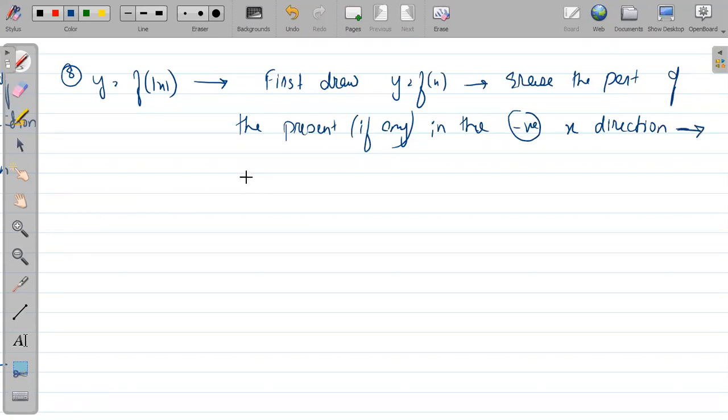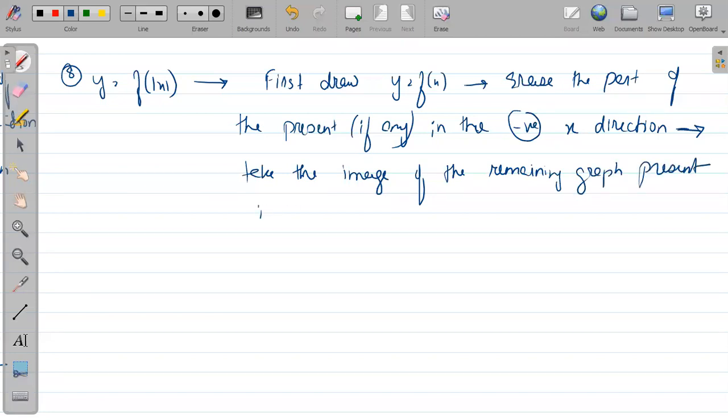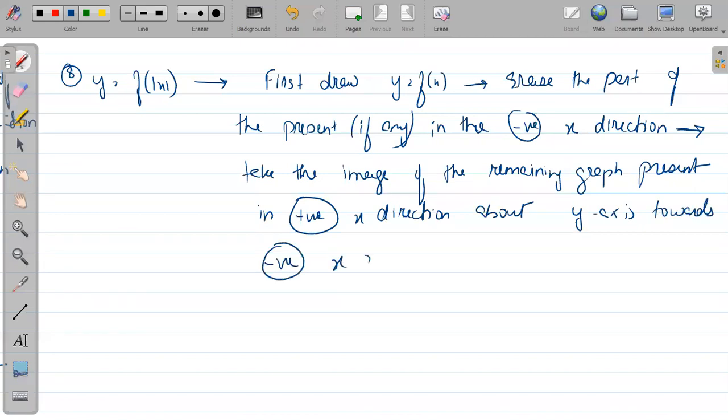Then take the image of the remaining graph present in positive x direction about y-axis towards negative x direction. Read out the statement, everyone.